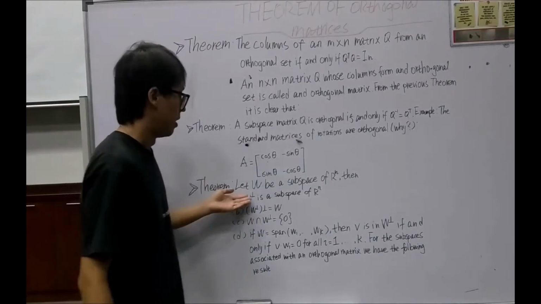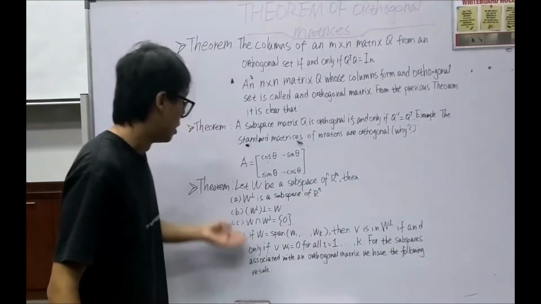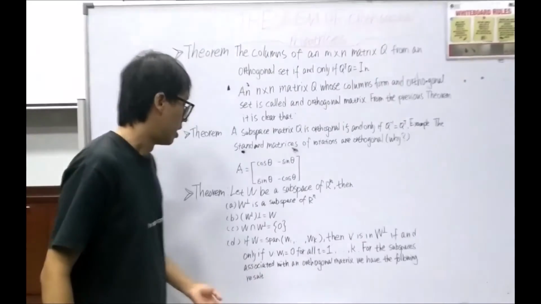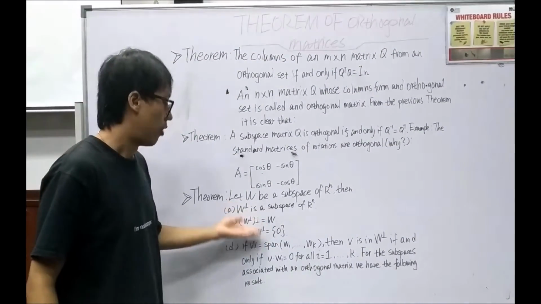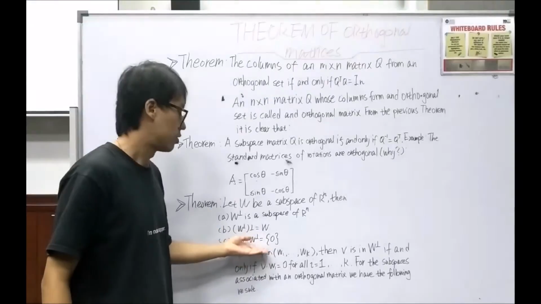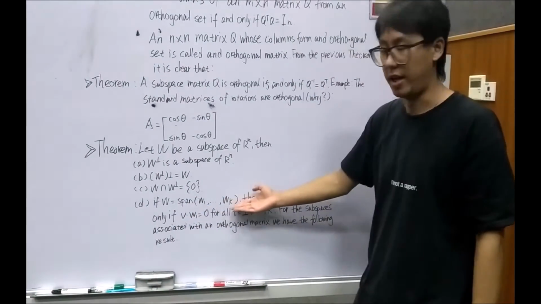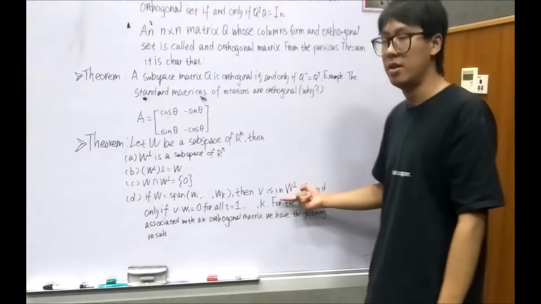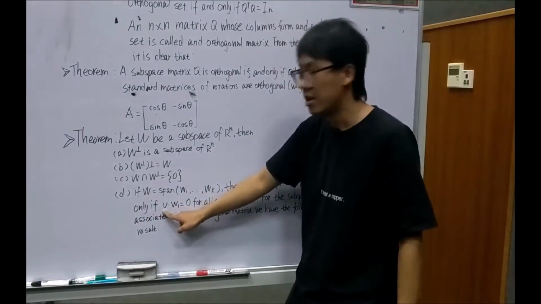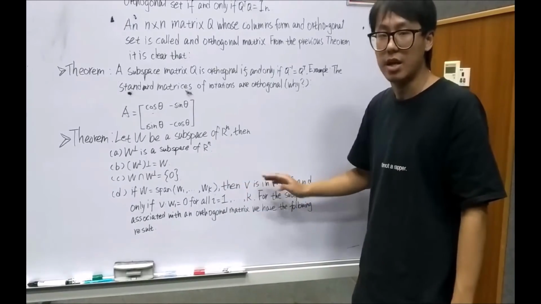For example, the standard matrices of rotation are orthogonal, such as A equal to cos theta, negative sin theta, and sin theta, cos theta. Next, let W be a subspace of R^n. Then the orthogonal complement of W is a subspace of R^n, the complement of the complement of W equals W, and the intersection of W and its complement equals 0. The last one: if W equals the span of w1 up to wk, then V is in the orthogonal complement of W if and only if V dot wi equals 0 for all i from 1 to k.